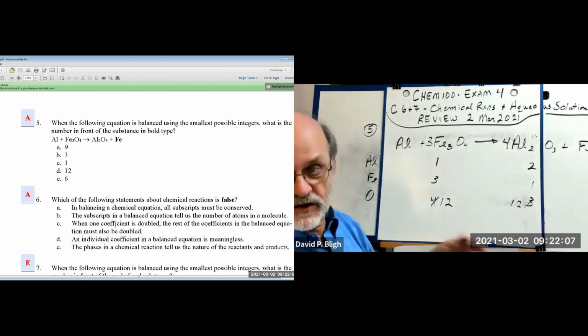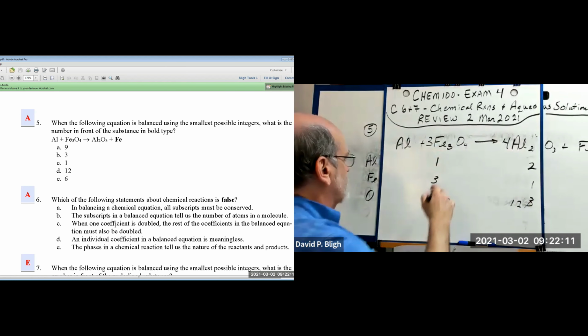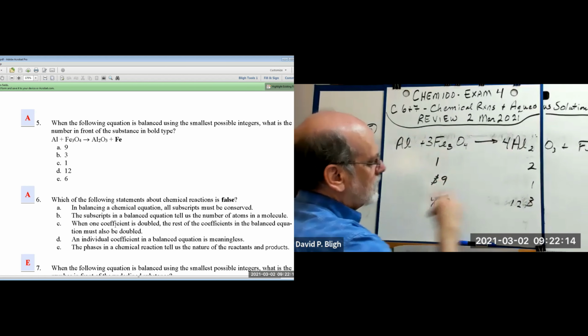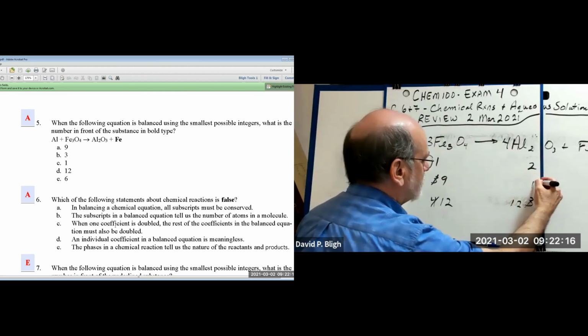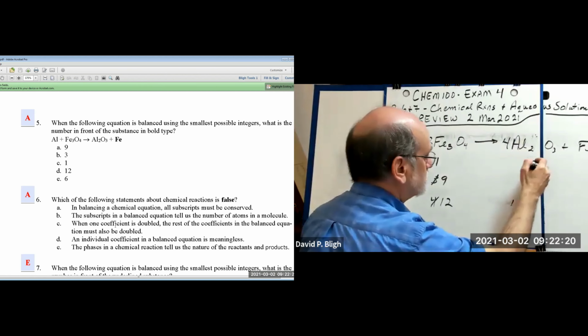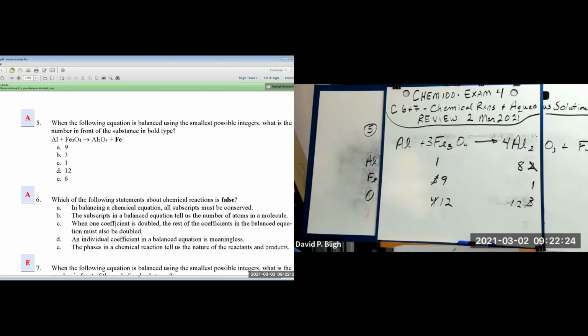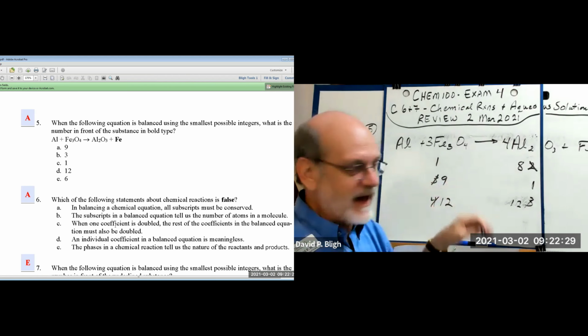Okay. What does that do to the rest of the irons over here? Makes 9 irons. And the aluminums makes 8. Okay? So now we can use our free elements to finish the balance.